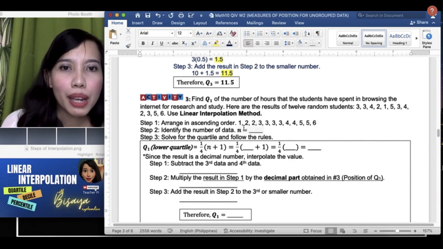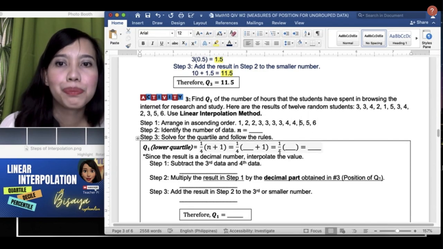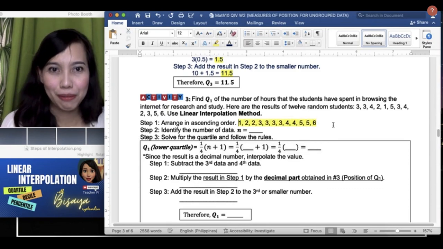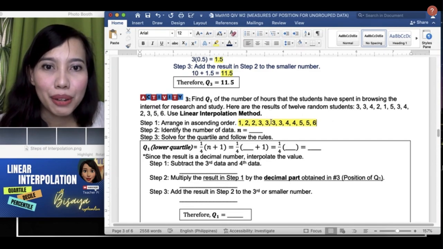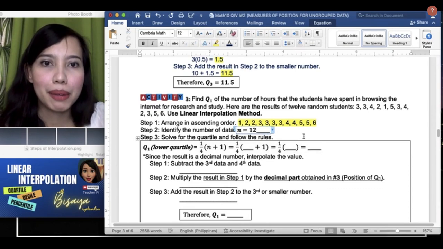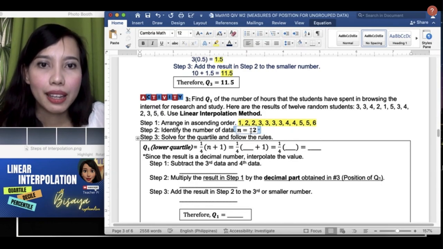Ato ihapon kung sakto ba nga 12 ka buok. 1, 2, 3, 4, 5, 6, 7, 8, 9, 10, 11, 12. Alright, ato na siyang i-highlight para makita natin itong answer. Step 2. Identify the number of data that's our n, which is 12. Given naman niya 12. Kaya natin na lang i-erase na part. Okay. And highlight our answer.